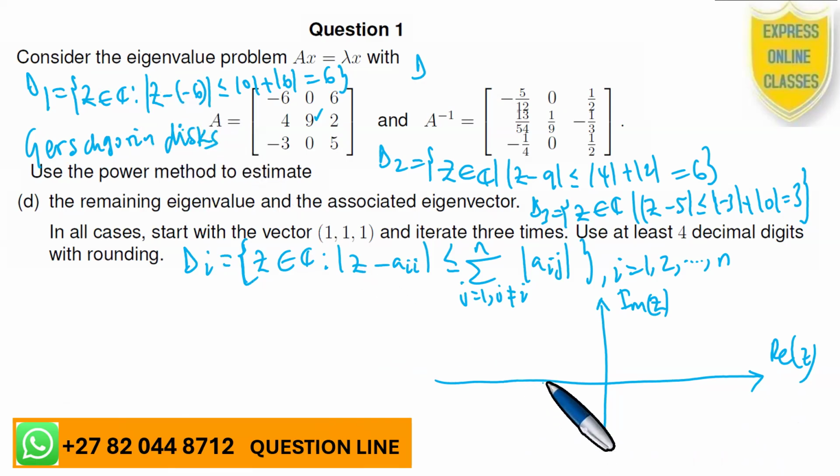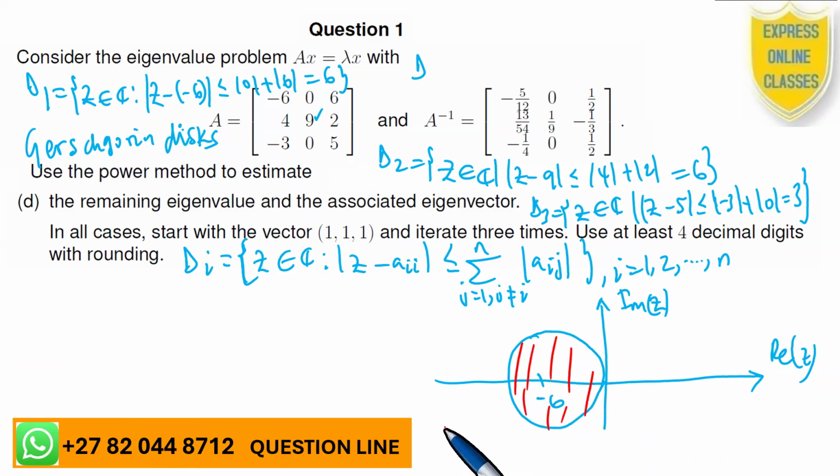It is going to have center minus 6 and radius 6. Center is minus 6, and the radius is this number 6. Obviously we're going to shade it because it's less or equal to, and all these Gershgorin disks are less than or equal to, so we have the interior that we are focusing on.